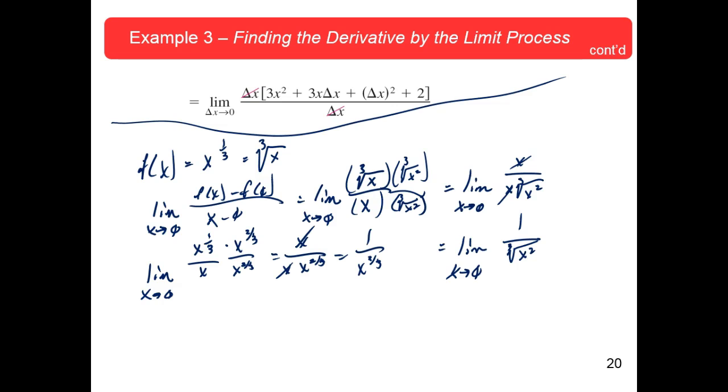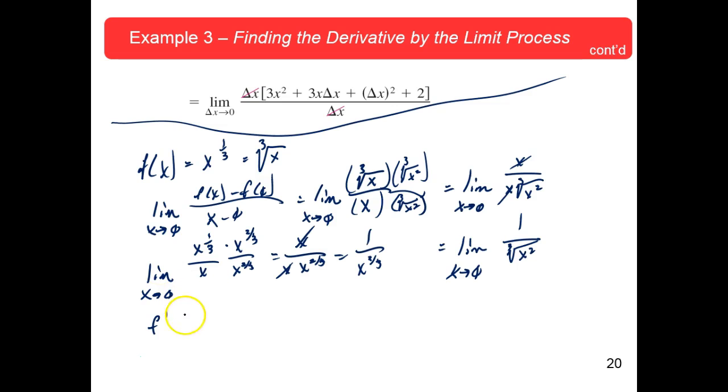Now, you wanted to do that with the power rule. So your f prime is this thing right here that we were saying, 1 over this.